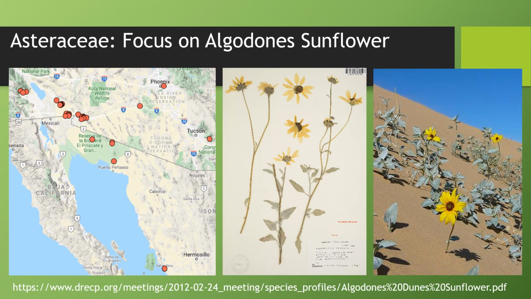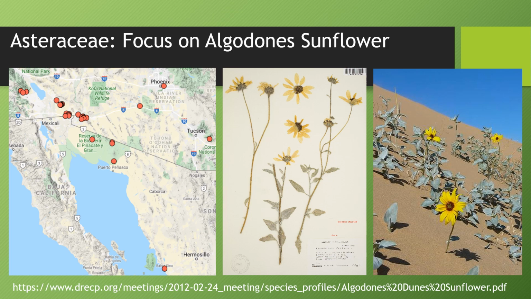All right. So my focus plant is the Algodones dune sunflower. I picked it because, although I can't quite pinpoint exactly, it appears that the type specimen was collected here, originally collected by the U.S.-Mexico boundary expedition in 1859.